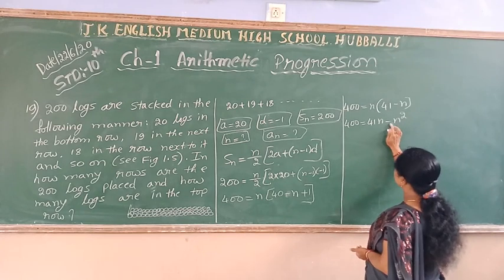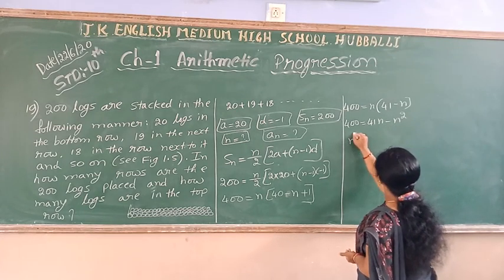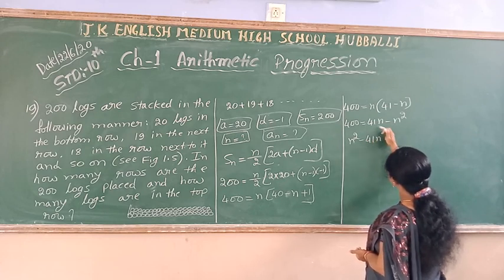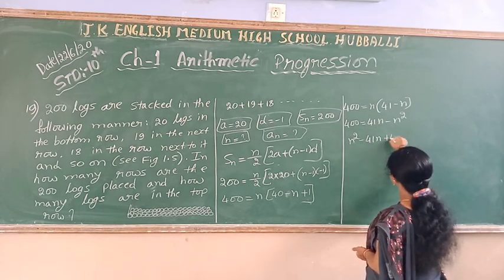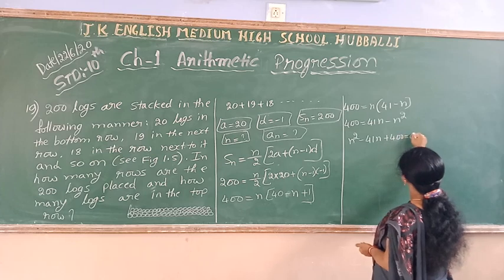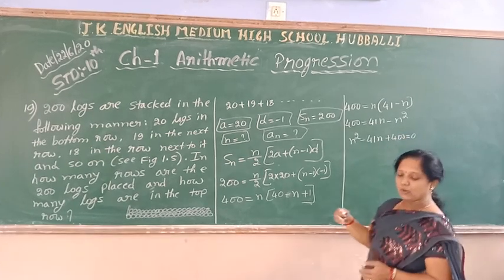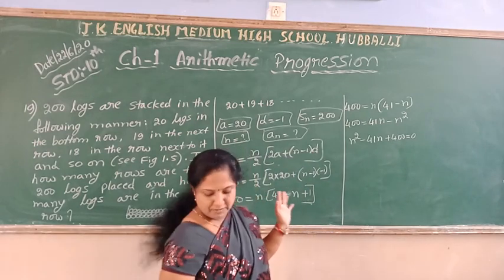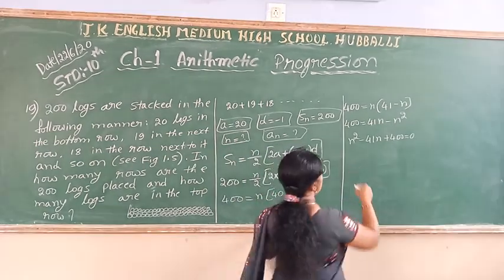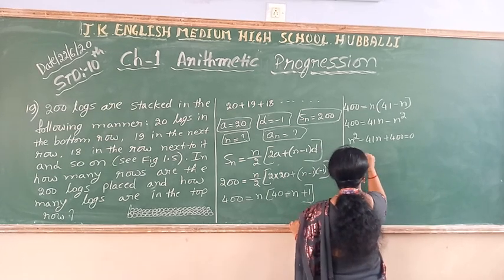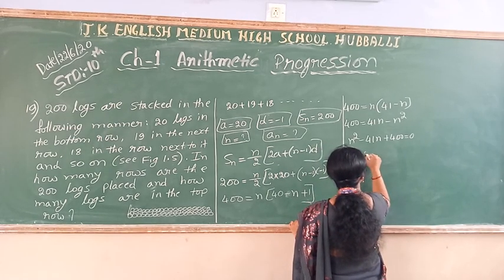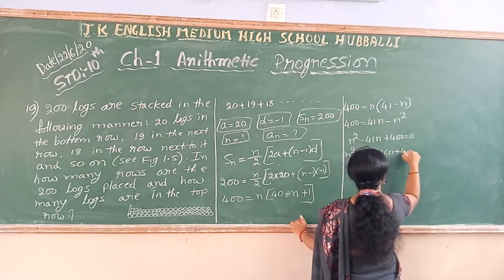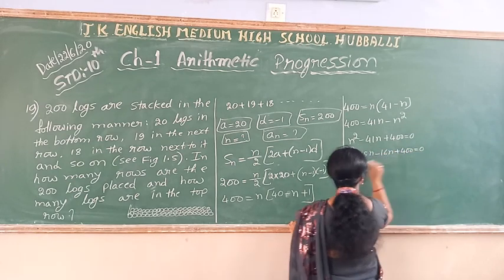So I arrange now. First I take this side, it becomes n square. This term also I take this side, minus 41n. This will be as is, plus 400. Now I have to split the middle term. How can I split then? I can split this as minus 25n and minus 16n, plus 400 is equal to 0.